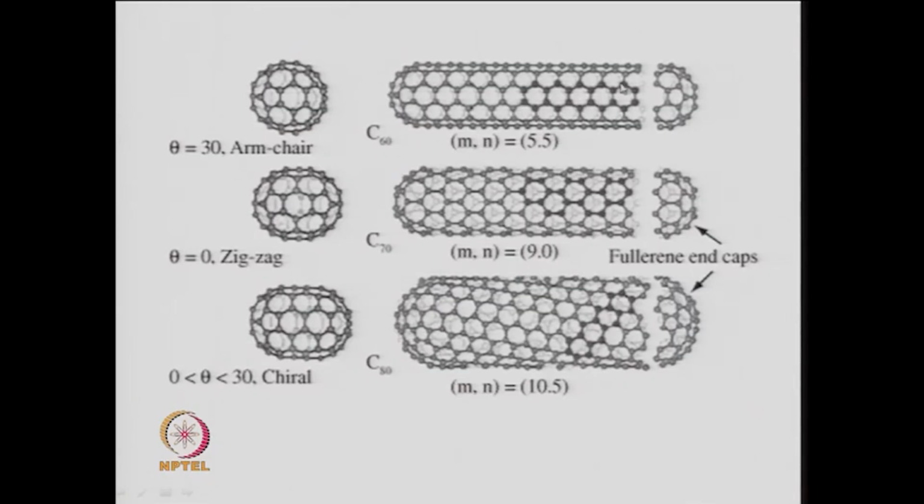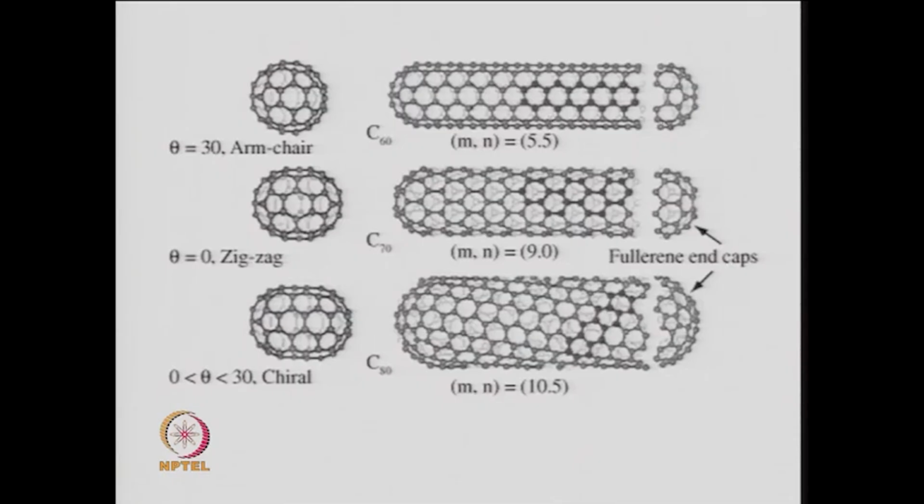And if you want to close this nanotube, at the end you must have a structure which is related to the C60 structure. So, to close an armchair nanotube, that means m equal to n kind of nanotube, you will have to close it with half of a C60 molecule. So, half of the C60 here.